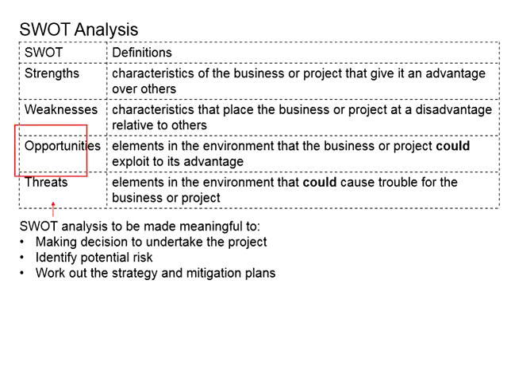As for the opportunity, it represents the elements of the environment that the business or project could exploit to its advantage. And then the threats are the elements in the environment that could cause trouble to the business or project.